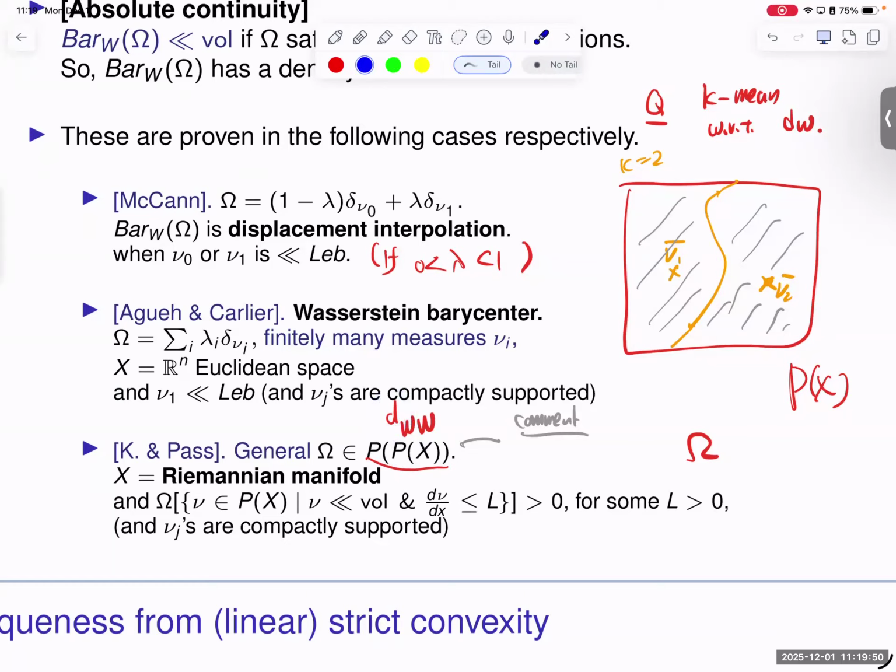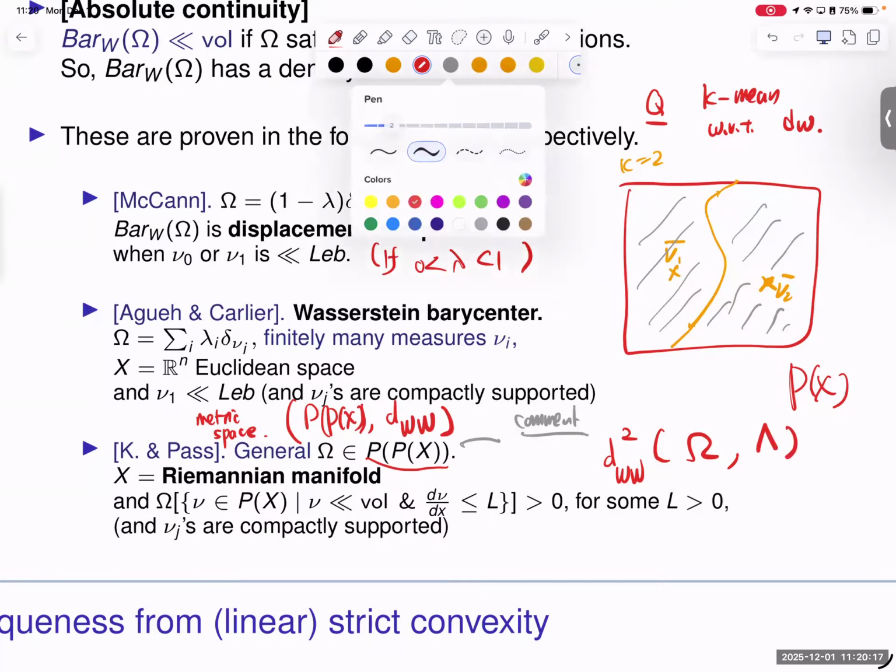Okay, so you can consider this Px with dWW as a metric space. And then there, you want to minimize this distance squared between omega and whatever measure, or what should be a good notation for that? Let's call it lambda, okay?